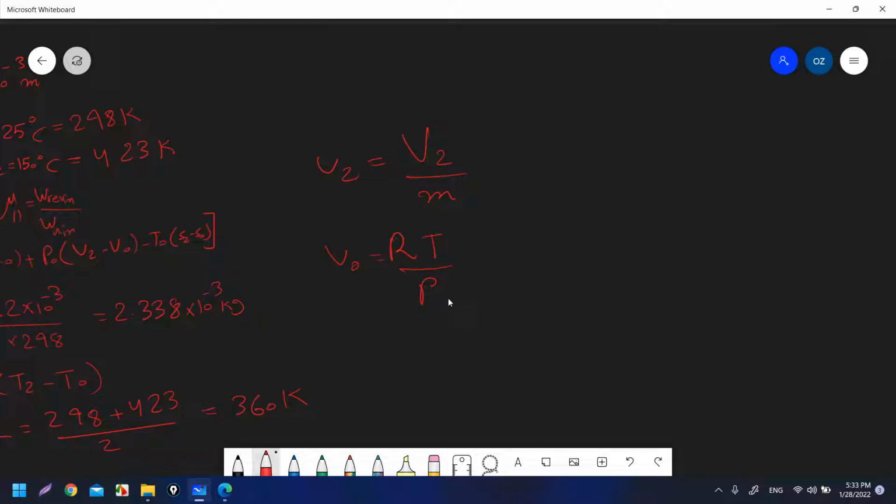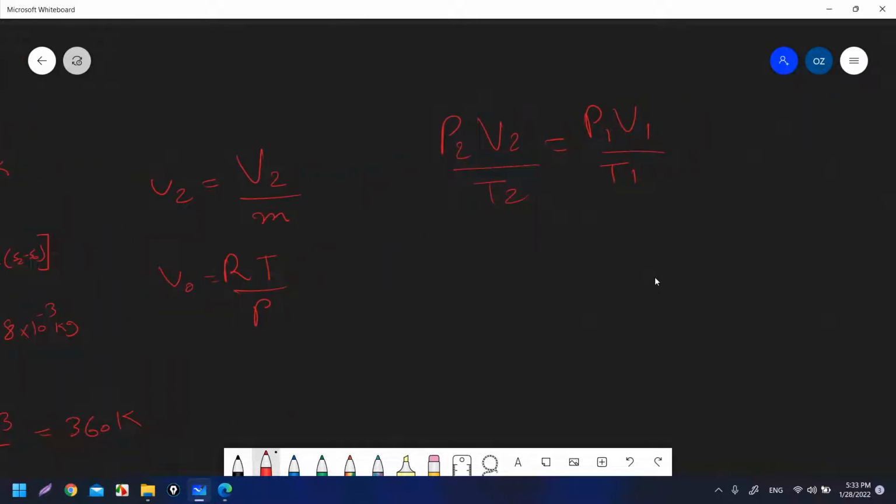I will show you how the solution manual solved this question also. Okay, v2 equal to V2 over M, but I don't have V2, so I have to use this equation, V2 over T2 equal to V1 over T1. And this question, I think it came before in a quiz. V2 equal to P1 T2 V1 over P2 T1.